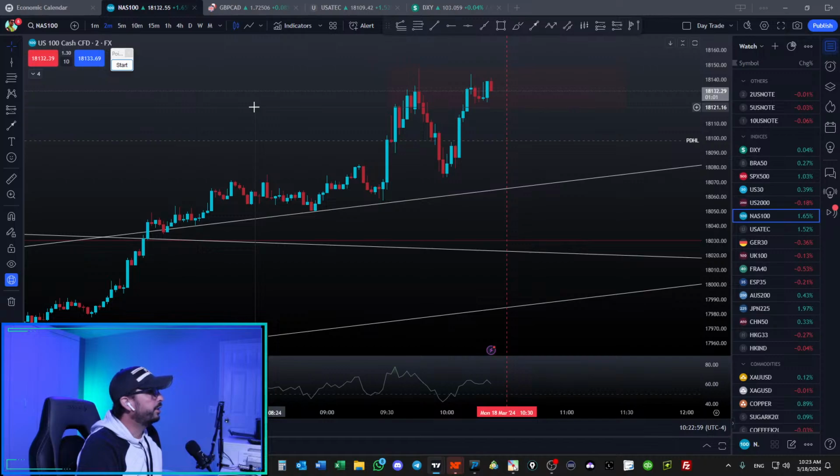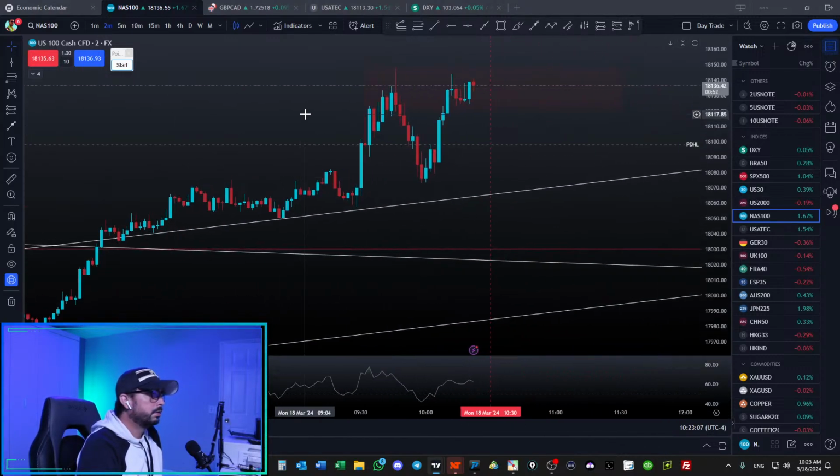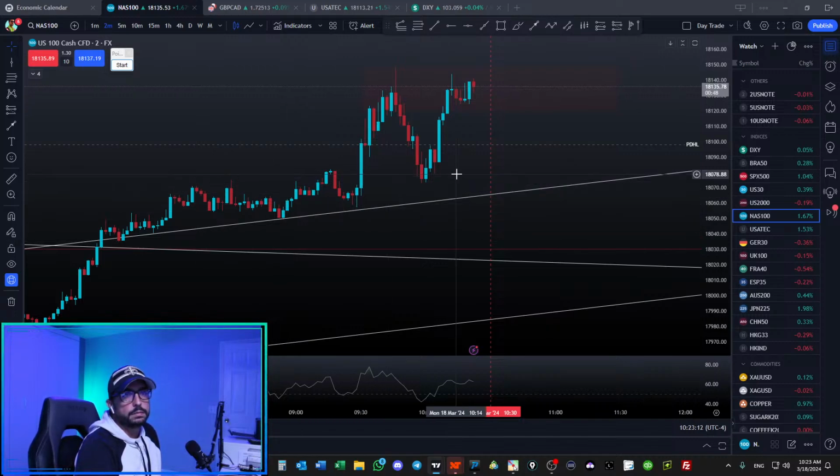We're just watching here and waiting to see what to do. It is a bearish location, but it's an uptrend, so we've got to really be careful.